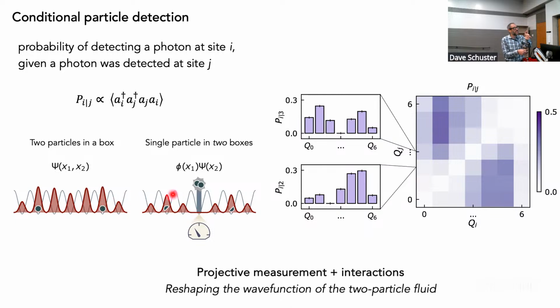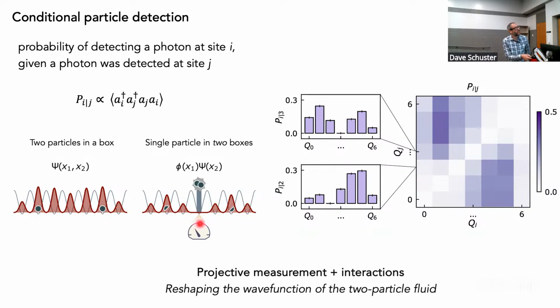So the other particle is sort of in 2 boxes. Mathematically, you could rewrite it, instead of 2 particles in a box, as a mean and a difference coordinate, and that's the equivalent.